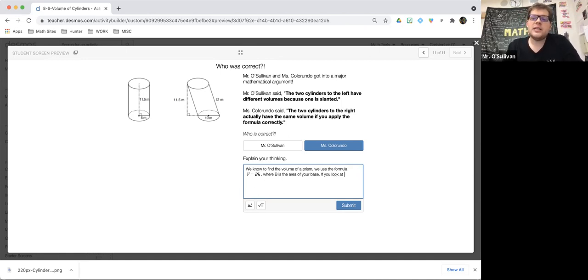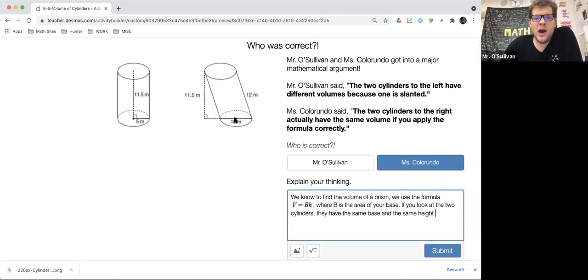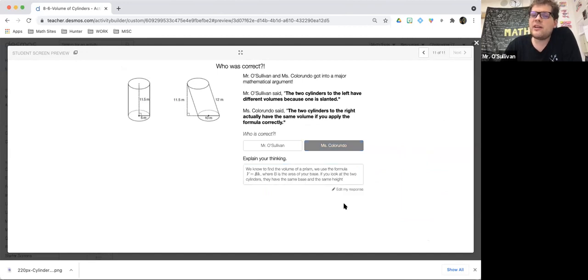If you look at the two cylinders, they have the same base and the same height. So their volumes have to be equal to each other, not congruent, sorry, equal to each other. Because this has a radius of 5. This has a radius of 5. This has a height of 11.5. This has a height of 11.5. So that's how we know we're correct. Well, not me correct. I was wrong, even though I'm always right. Ms. Colorundo was correct in this situation.